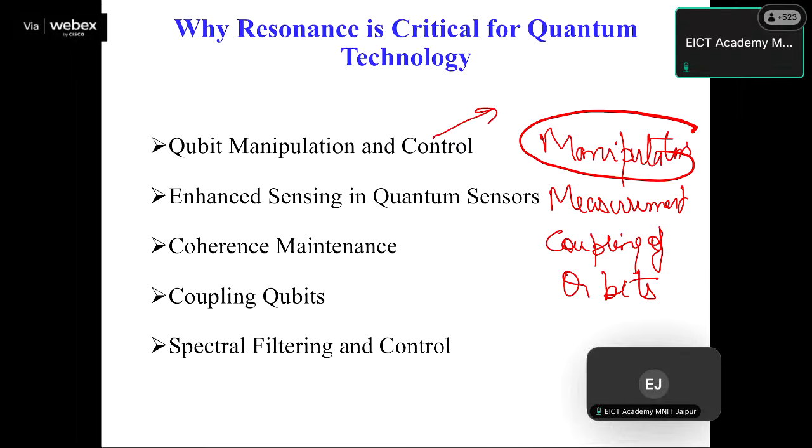I hope there is a lag between the screen and the audio.